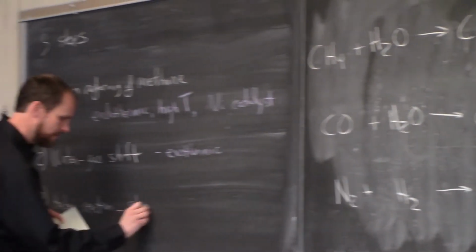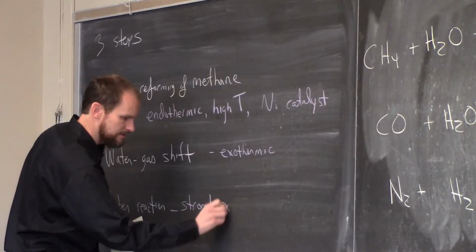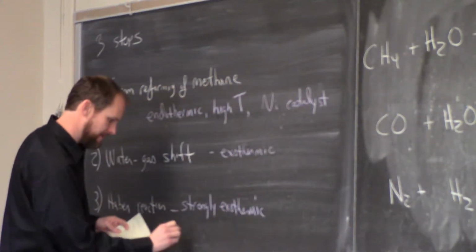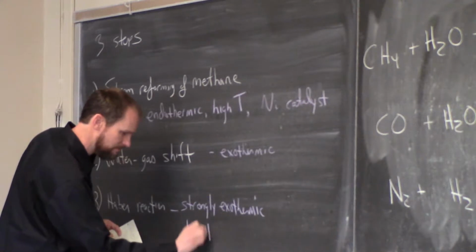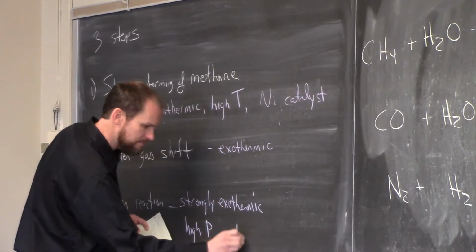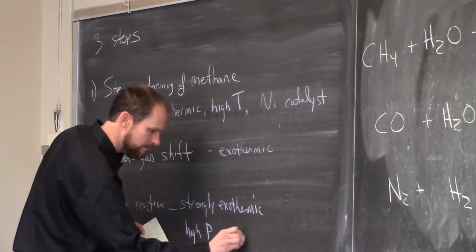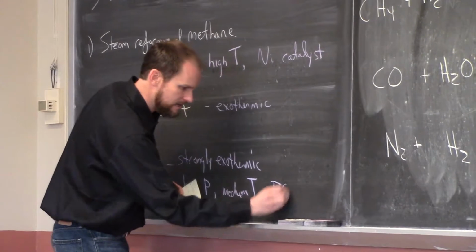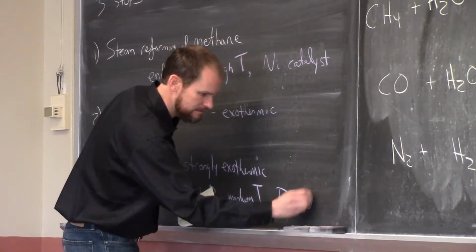This is strongly exothermic. So a lot of energy up there. We're going to do it at high pressure. We're going to push those atoms together. Medium temperature. And iron oxide catalyst.